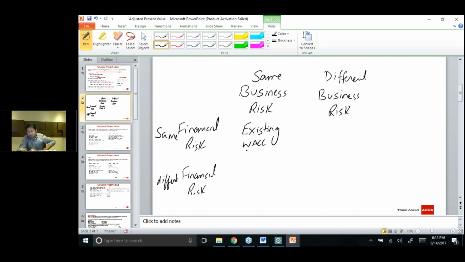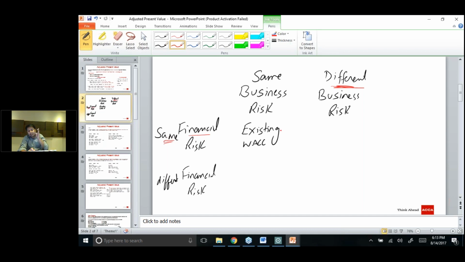Let's suppose after reading the question, you have realized that the new project is different from the existing business, meaning the new project has a different business risk, but it is being financed with the same financial risk, the same existing gearing.